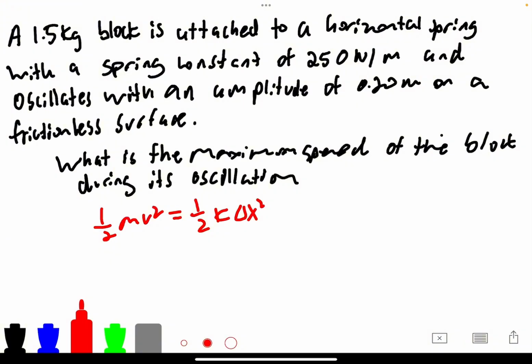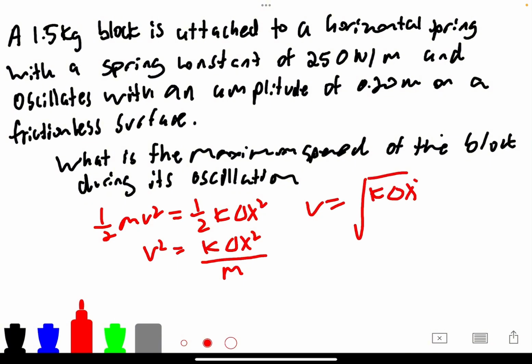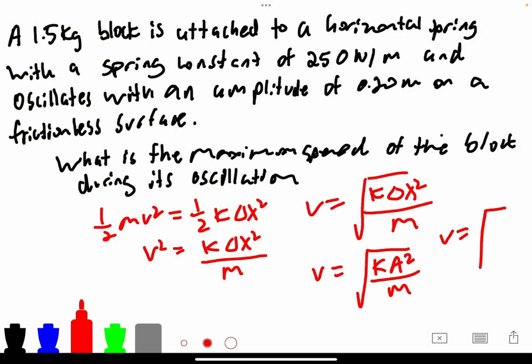The 1/2's cancel, so you get velocity squared is equal to k change in x squared over m. So the velocity is the square root of k delta x squared over m. Now, delta x, or the displacement, can also be rewritten as the amplitude, so you're really left with k amplitude squared over m. And so now we can plug everything in.